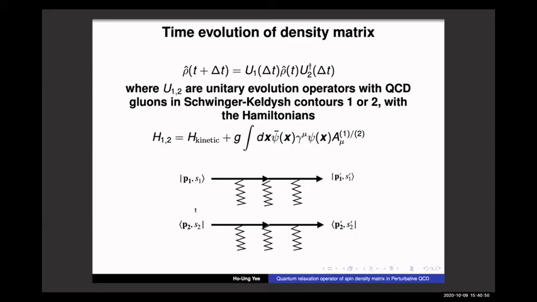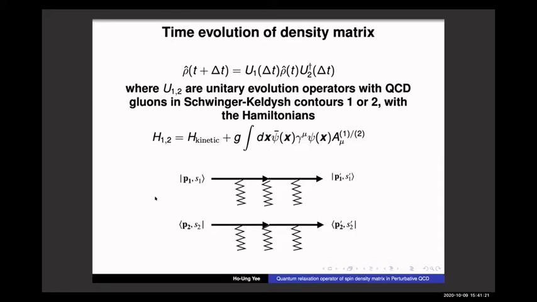The correlation functions between these gauge fields in the Schwinger-Keldysh contours are usually called Wightman functions, and they fluctuate in different ways given by the thermal density matrix, so we should take care of this difference very carefully.